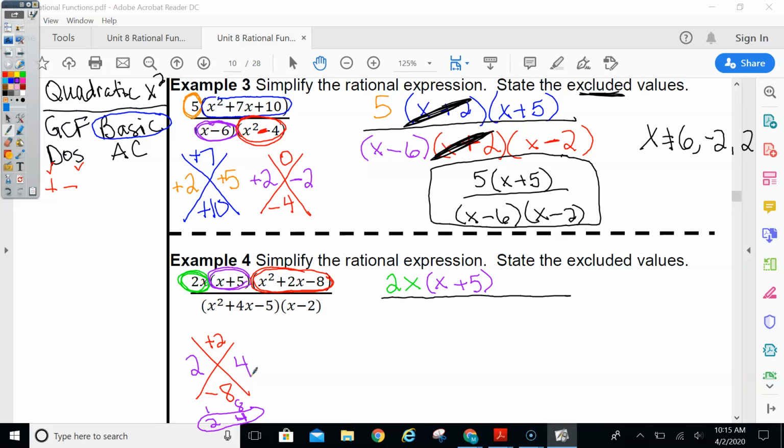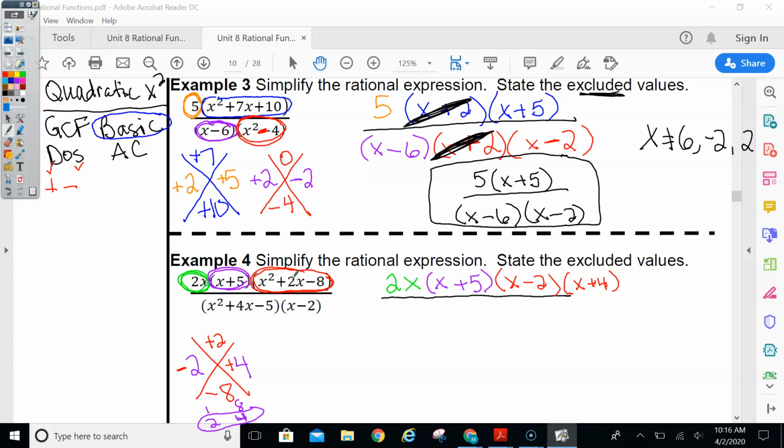But one of them has to be a minus in order for it to be a negative. So how would I subtract these to get positive 2? I would do negative 2 plus 4. The bigger one has to be the positive because this is positive. Okay, so this one is going to factor into x minus 2, x plus 4.